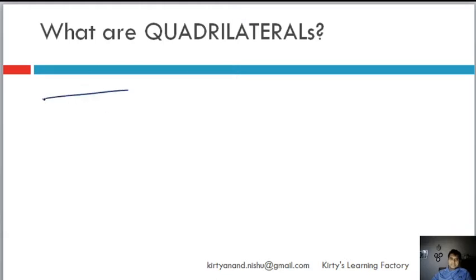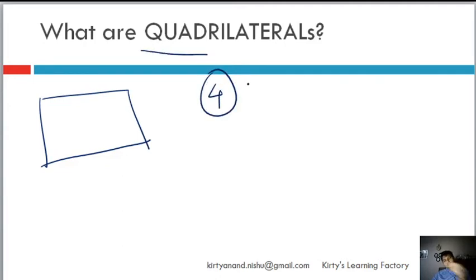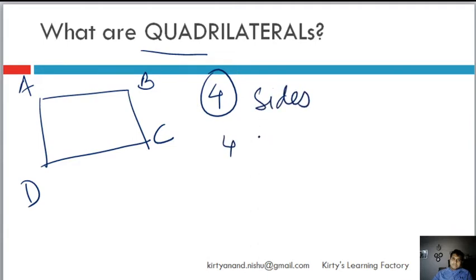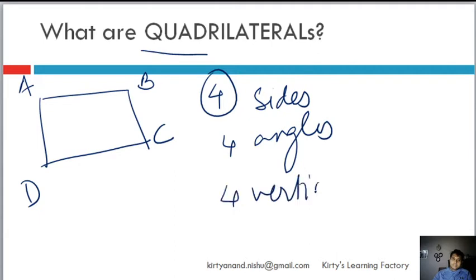So quadrilateral basically comes from the word quad, which means four. Okay. So just like a triangle, a quadrilateral will have four sides. Let's call it quadrilateral ABCD. So it will have four sides, four angles, four vertices, and a quadrilateral will have two diagonals. If you remember, what are diagonals?